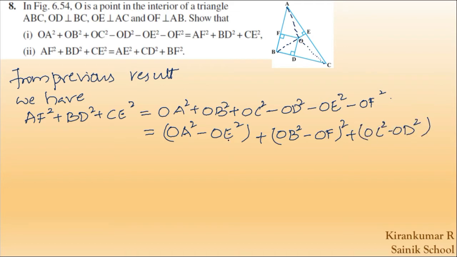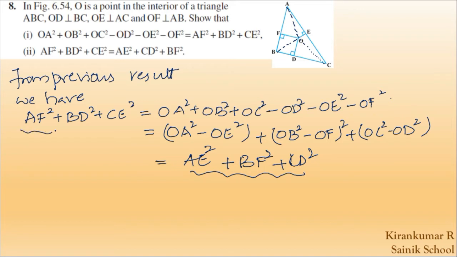Why did I do like this? OA is the hypotenuse, minus OE square will give AE square. We get AE square plus, instead of OB square minus OF square, we can write BF square. Instead of OC square minus OD square, we can write CD square. So hence we have proved the second part also.